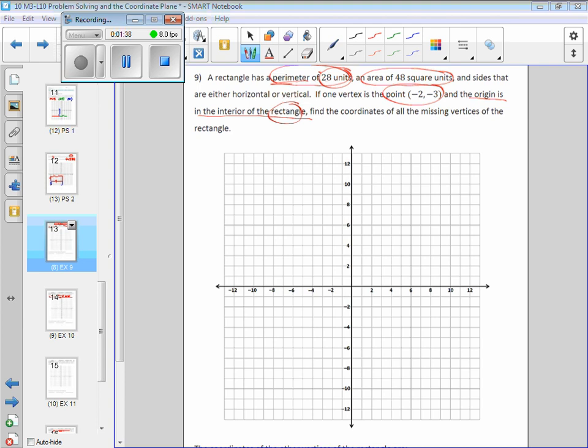Therefore, it's not a square. All I'm asking you is if all four sides are 28, then what are one vertical and one horizontal? Two sides. 14. Write it down.